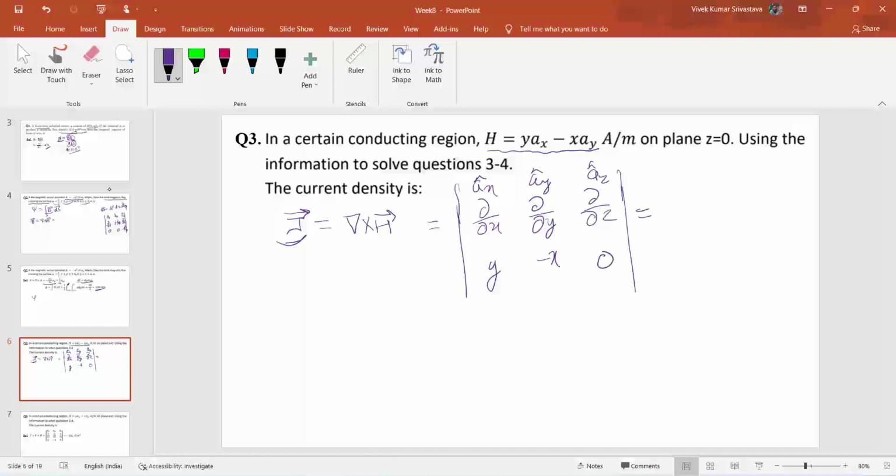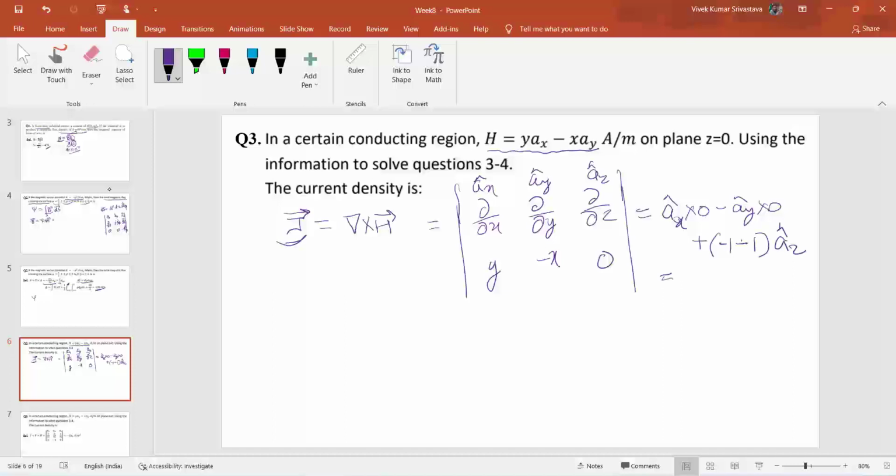So from here we can say that ax into 0 minus ay into 0 plus, yeah, this will be equals to minus 1 into az.